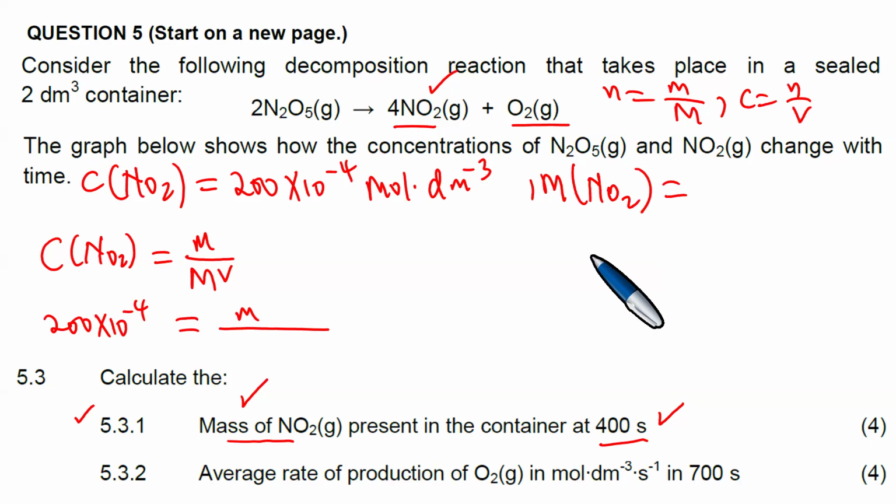I'm just going to give it to you because I did not load the periodic table here, but obviously we know the periodic table very well. So the molar mass, capital M of NO2.